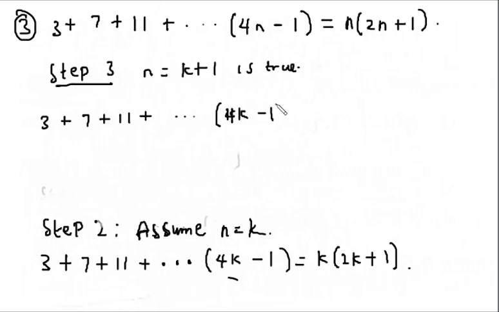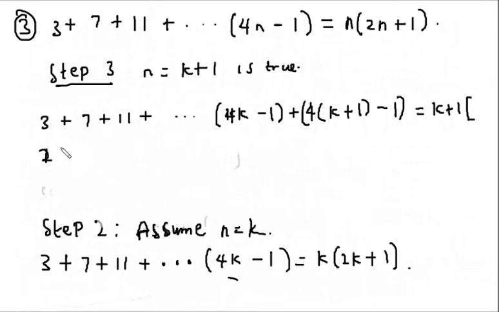So for our k plus 1 term here, this will be plus 4 open brackets k plus 1 minus 1. Okay, so this is also equal to, on the right hand side, we simply plug k plus 1 for n values. So this is k plus 1 open brackets, open bracket k plus 1 plus 1.